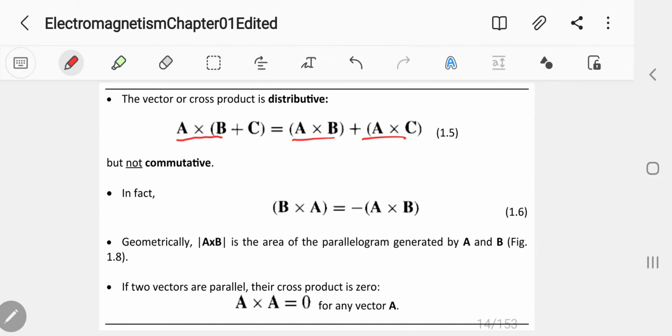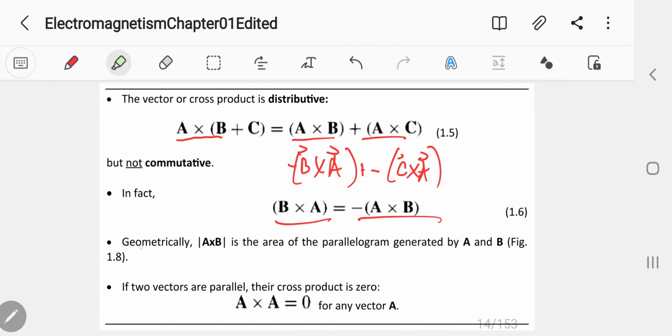So you're familiar with that already. But anyway, again, this is negative of B cross A, and this one here is negative of C cross A.